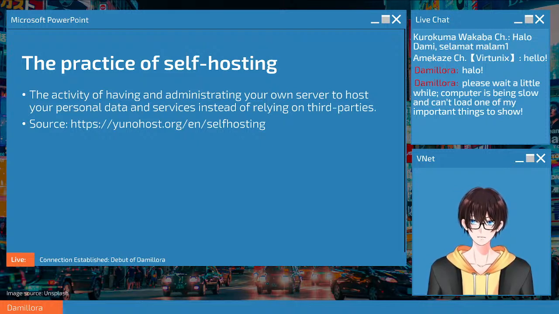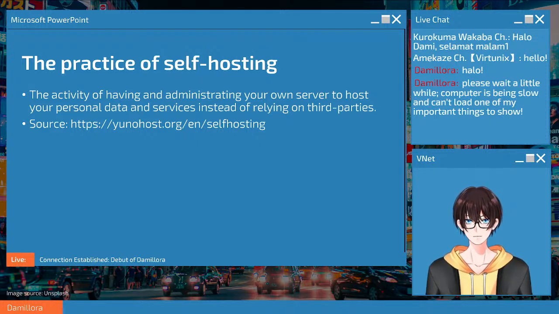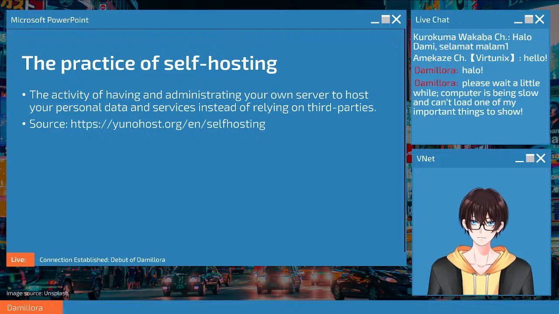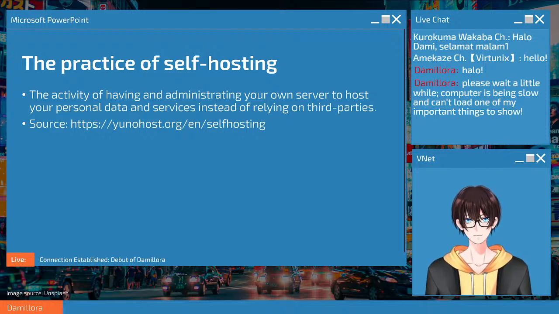Well, those who self-host do it on their own server. They store their own files. They set up their own email server, for example, to send email. There are actually a lot of services that you can try hosting your own, and I do have a lot of them.